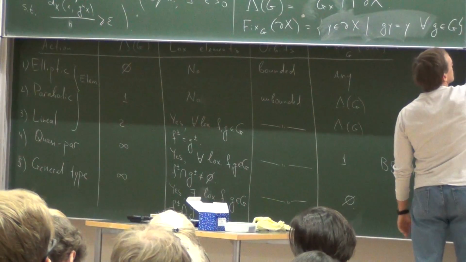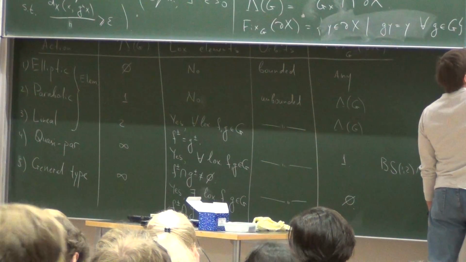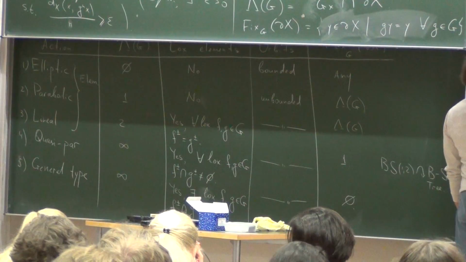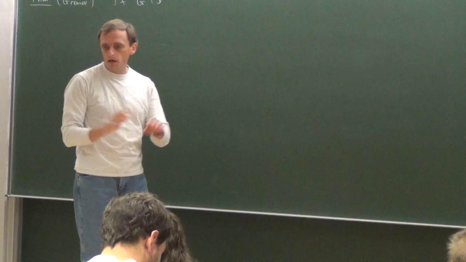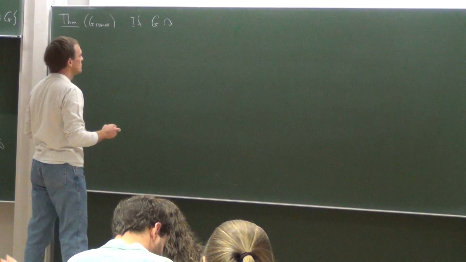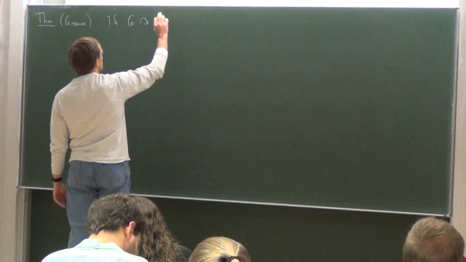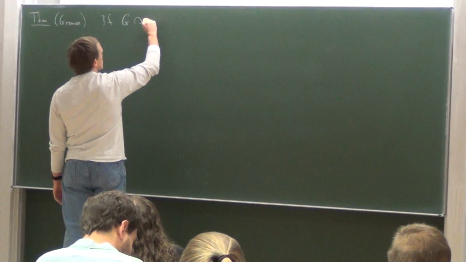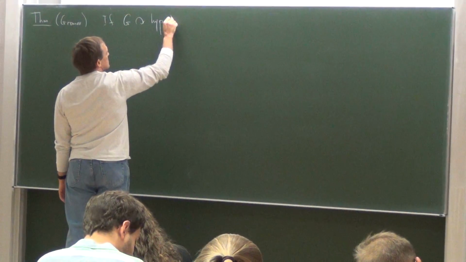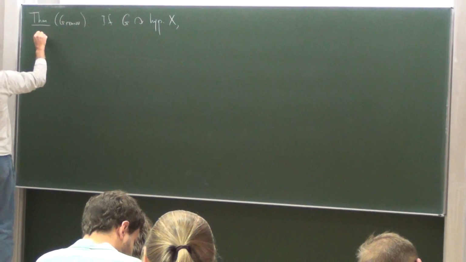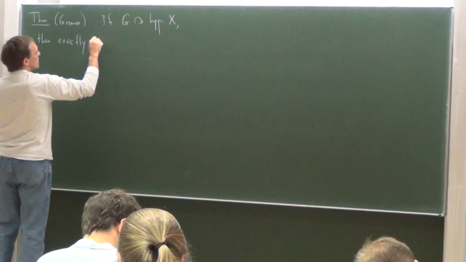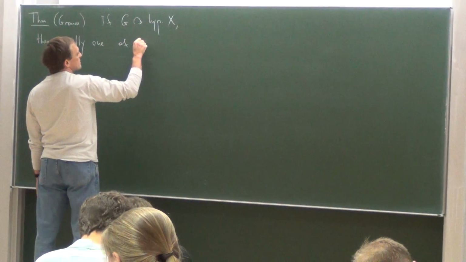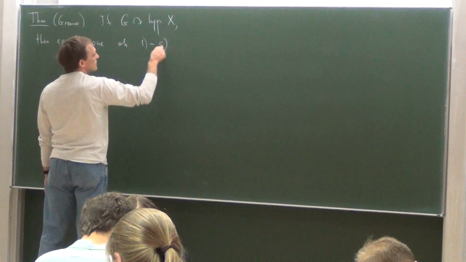Now the theorem, which is due to Gromov, is that if G acts by isometries, all actions on metric spaces are supposed to be isometric by default. So if G acts by isometries on a hyperbolic space X, then exactly one of the possibilities 1 through 5 happens.